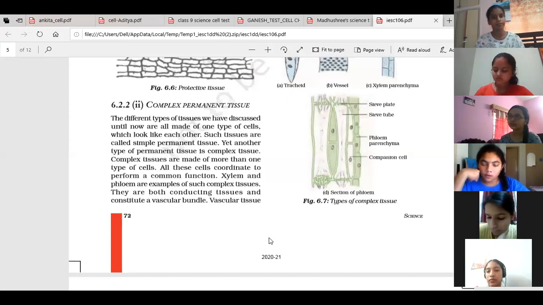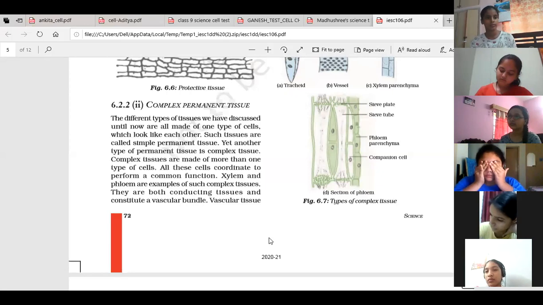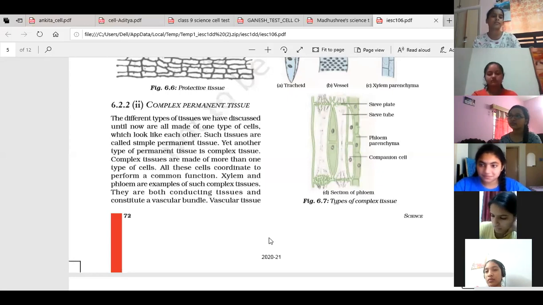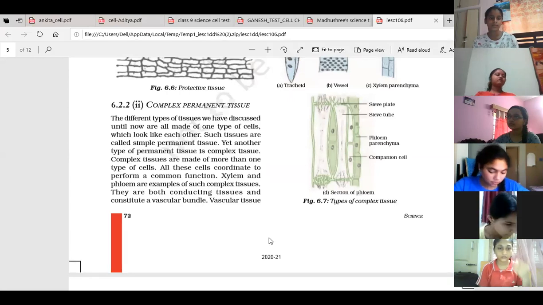But if you consider the full class of 9th of the school, all of them are performing the same function. Studying is the same function. Class 9 students are learning one single subject.